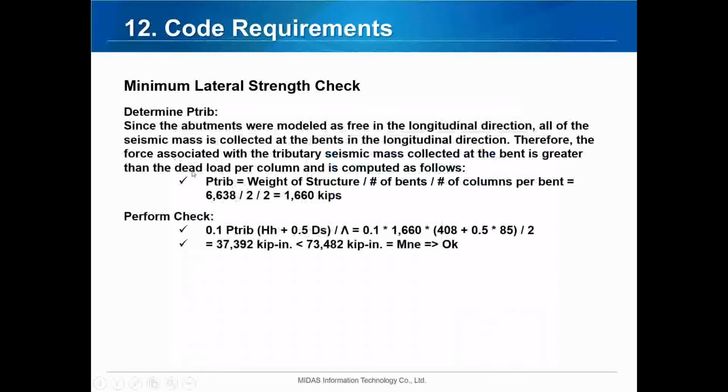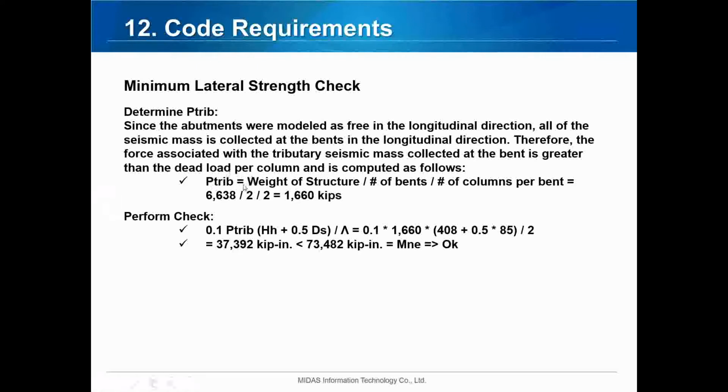And so having our moment, then we had to determine P tributary. Since our abutments were modeled as free in the longitudinal direction, all of the seismic mass was collected at the bents or at the piers, and therefore the force associated with the tributary mass collected at the bent had to be greater than the dead load per column.